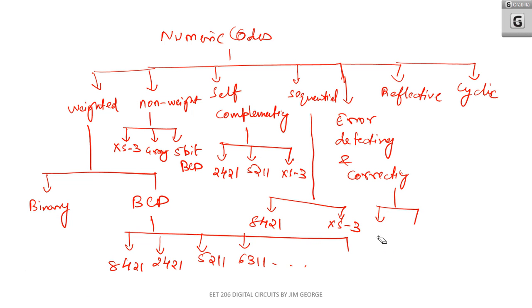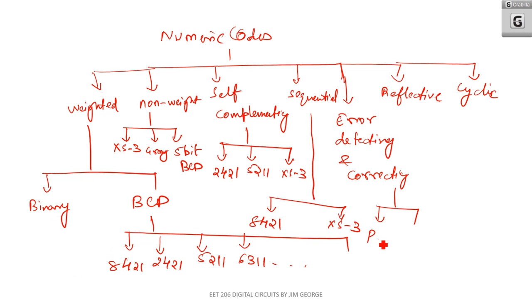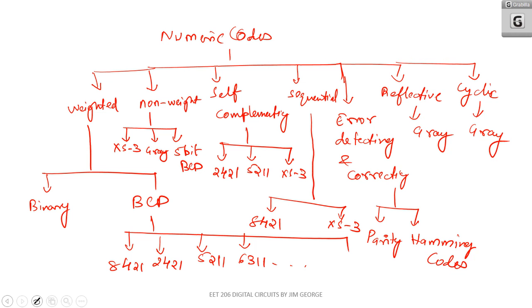Parity codes and Hamming codes. Now for reflective code, an example is gray code. There is also cyclic code. So this is the general classification of numeric codes. Each code I will explain separately.